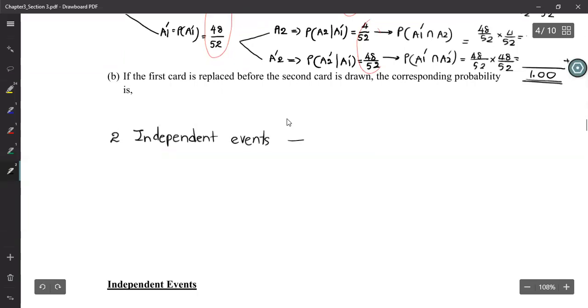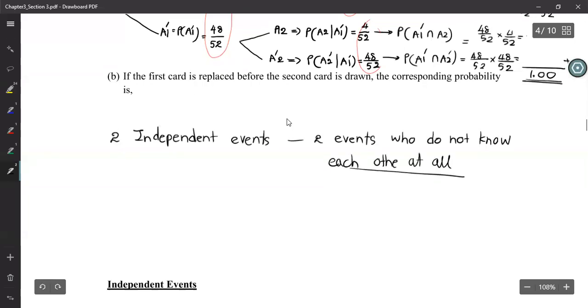these are like two events who do not know each other at all. It's like two people who do not know each other at all. They haven't met, never met in their whole life. So whatever the one person is doing, it's not going to affect the other person.